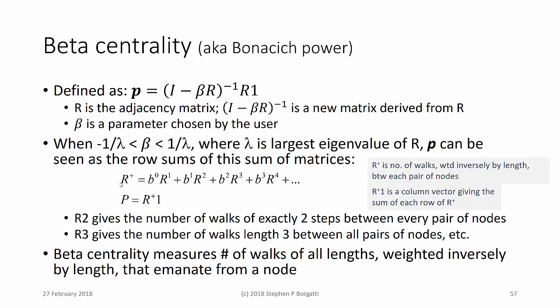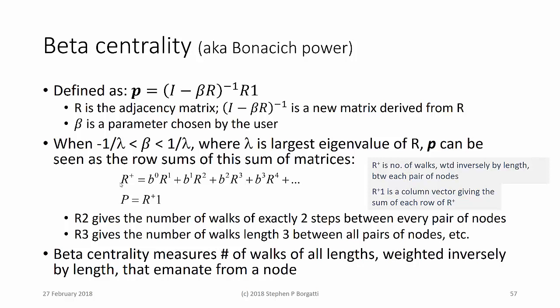So R plus, and we have ij, is equal to the total number of walks that go from I and end at j of all lengths, all possible lengths, including length 272. But weighted inversely by their length.